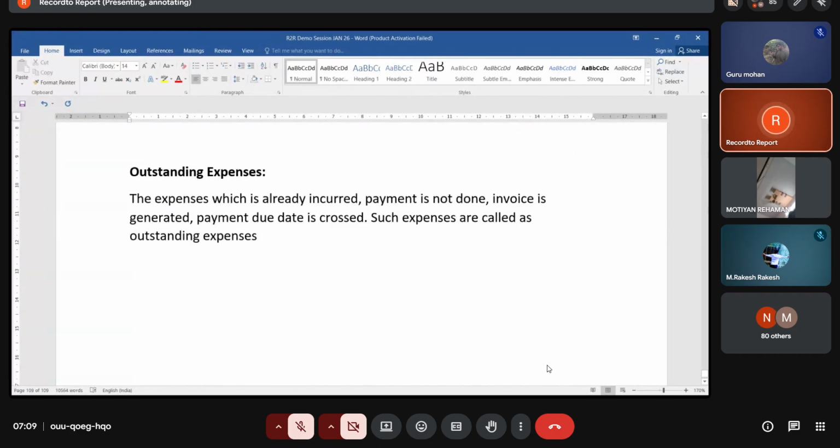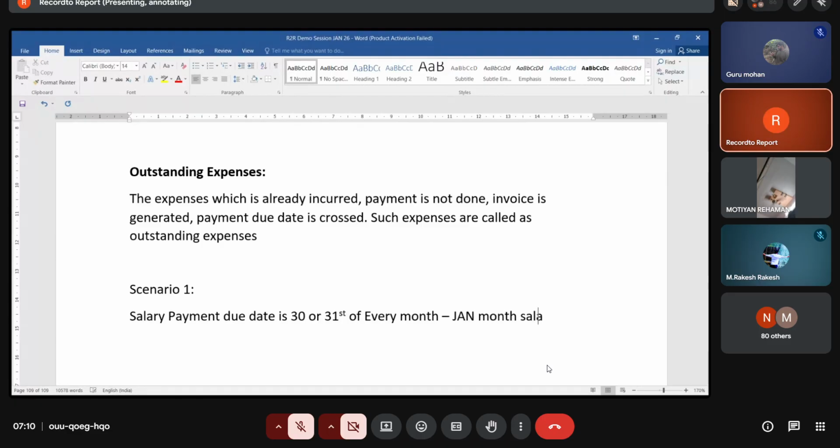See, let me give you two scenarios. I'm expecting the answer from your end. Scenario one: salary payment due date is 30th or 31st of every month. January month salary not paid.